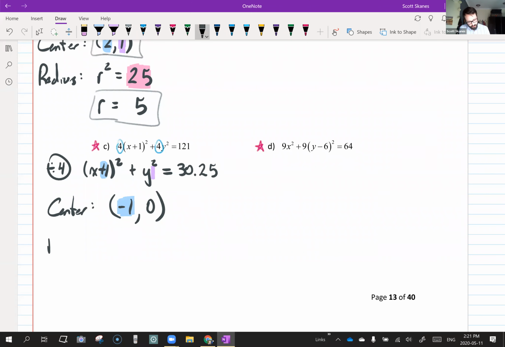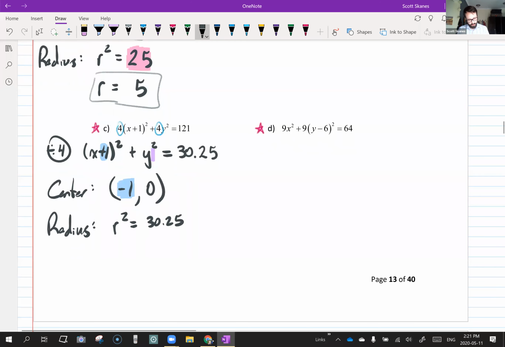And again, the radius, what's that going to be? Well, that's the square root of 30.25. If r squared is 30.25, r must be the square root of that, which is 11 over 2, or 5.5. Whichever way you want to call it.